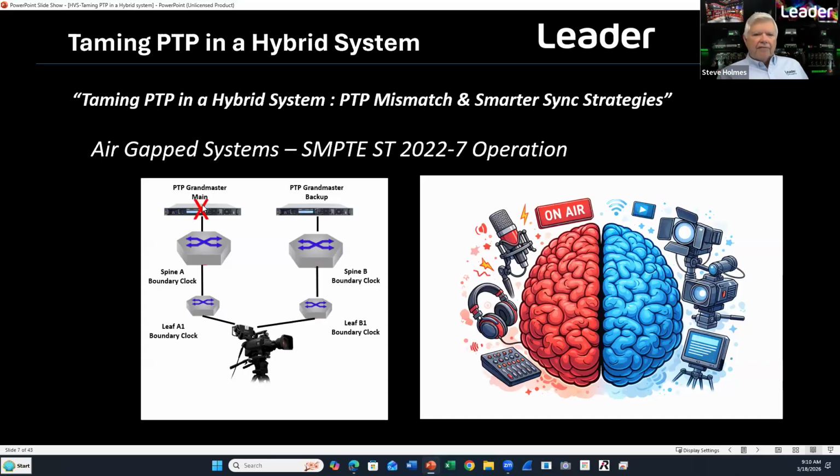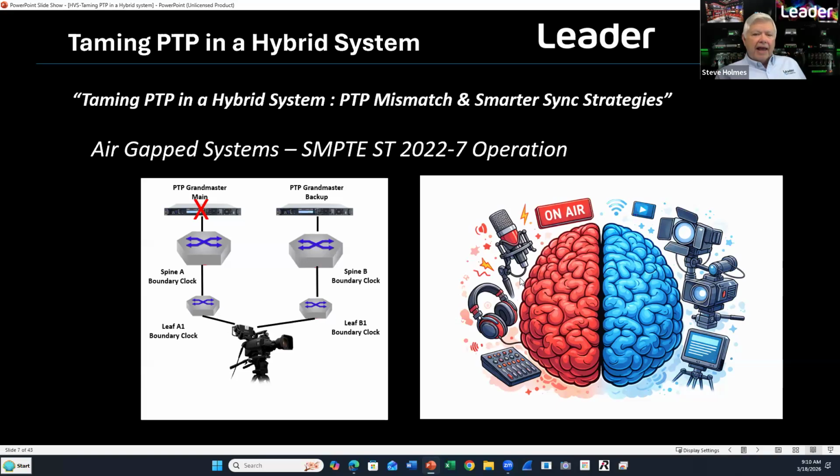So you could have a main PTP grandmaster go out. Yes, I still have PTP coming down this side feeding the receiver, as long as the receiver can walk over to the backup PTP system.